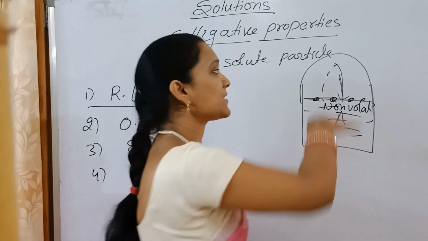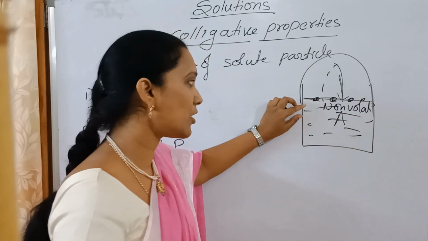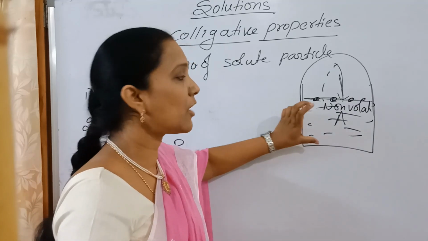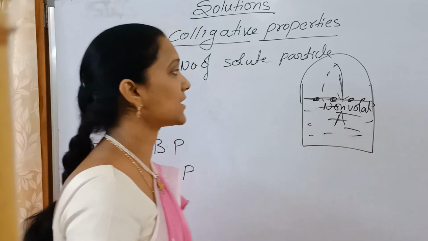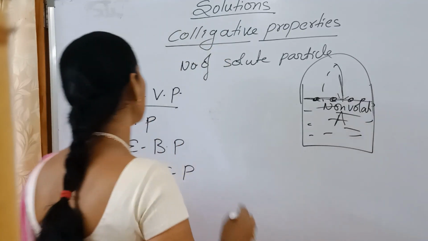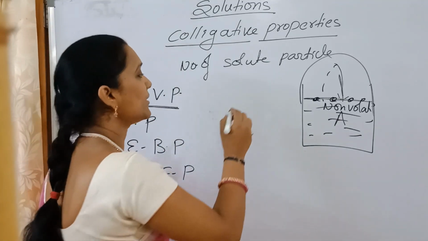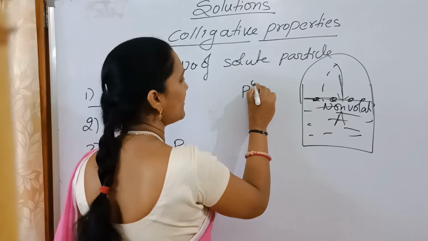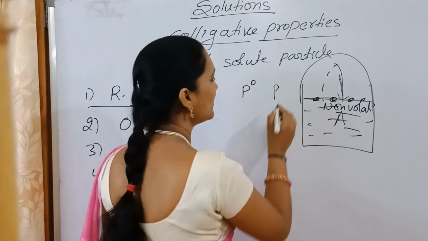Because of that, the pressure exerted by the solution decreased. So if any non-volatile solute is added, now it is a solution, and in this solution the pressure exerted decreased. The decrease in vapor pressure is the lowering of vapor pressure. Now, for example, the vapor pressure of the pure solvent is P0 and the vapor pressure of this solution is PS.